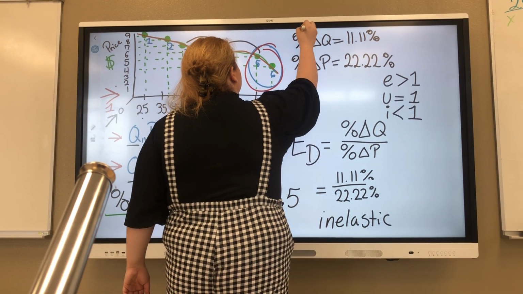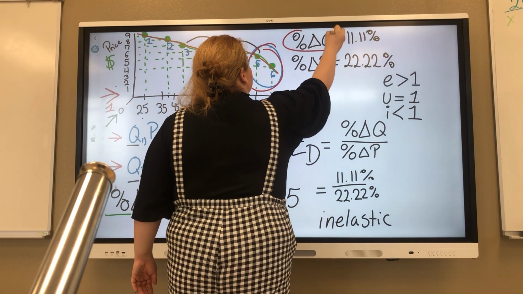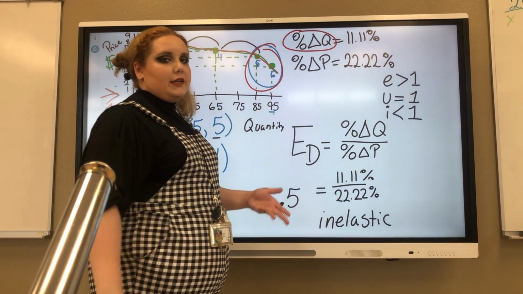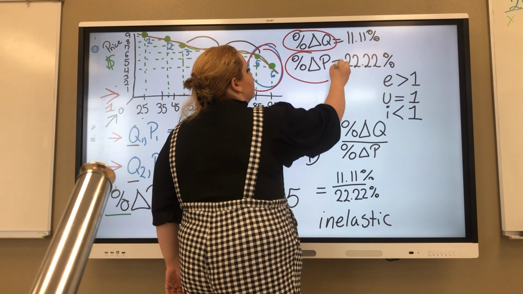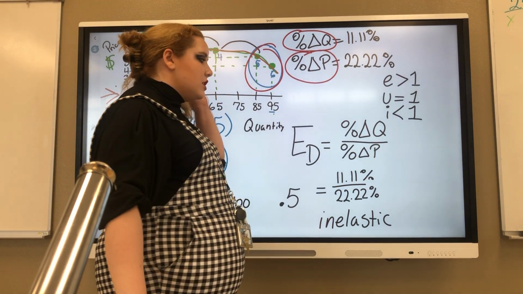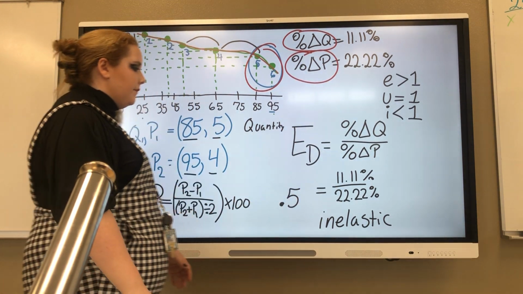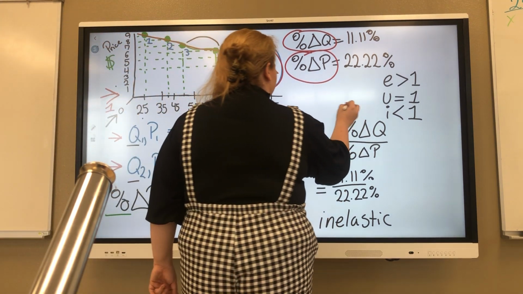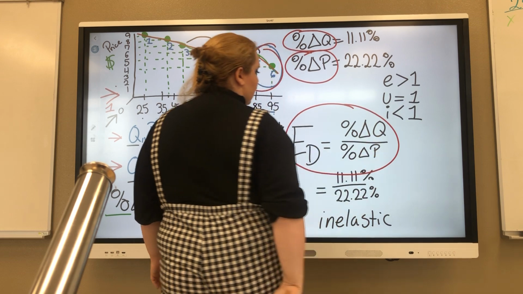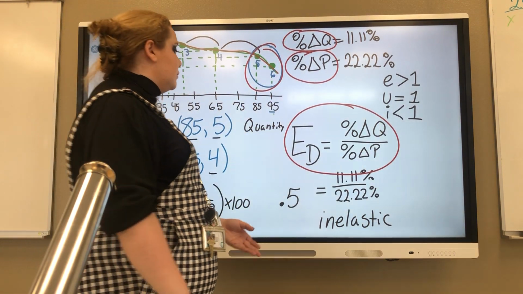Then you're going to find the percent change in quantity. That was the first thing we did with the math. Then you're going to find your percent change in price. Then you just plug them into your ED equation. This is your midpoint formula. This is the last bit of math you have to do.